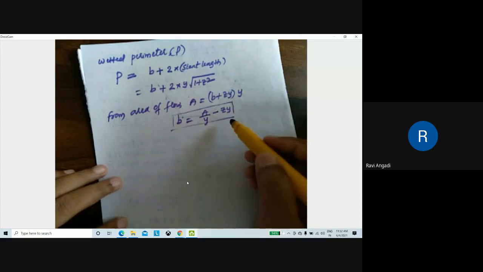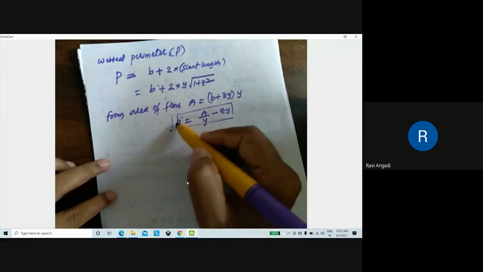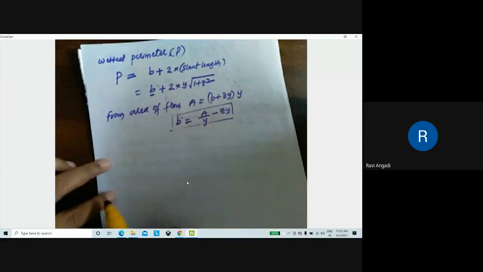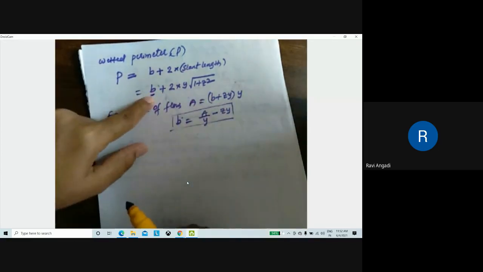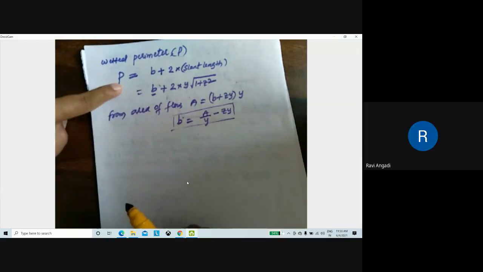We have a condition to get the most economical channel section: the perimeter will be minimum. Correct? Yes, sir. So for that purpose, this value of b is to be substituted here. Understood why I calculated b? Yes, sir. Because this perimeter should be minimum.